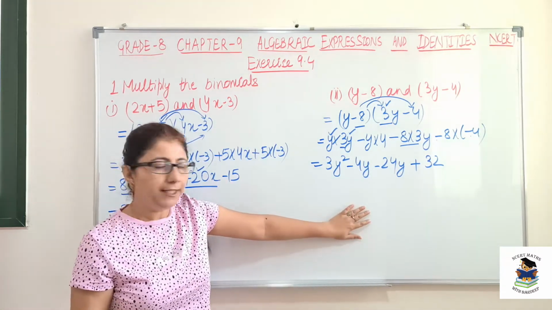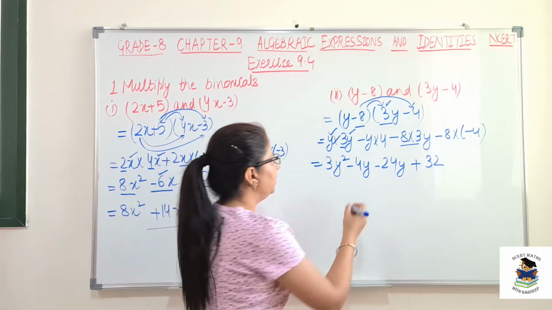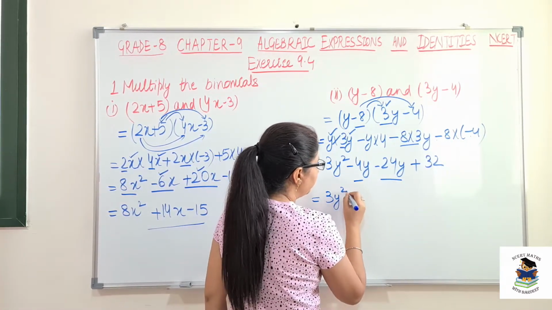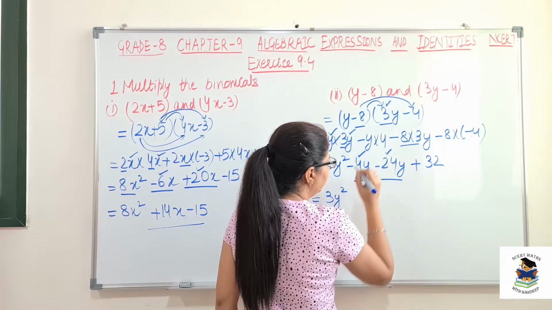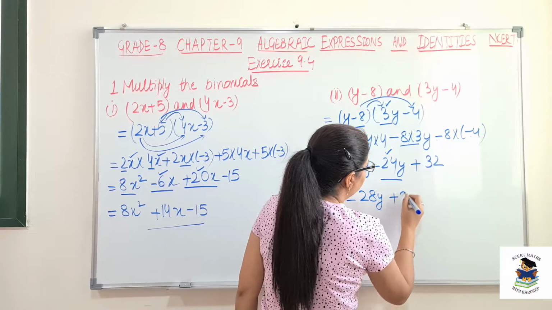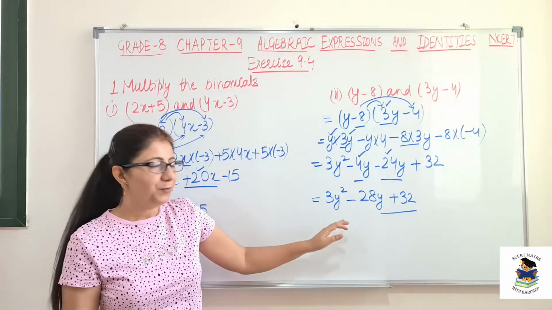Now we will look for like terms. We have here minus 4y and minus 24y. So these two are like terms. So 3y square will be as it is. Minus 4 minus 24, that is minus 28y plus 32. So this is the solution of second part.